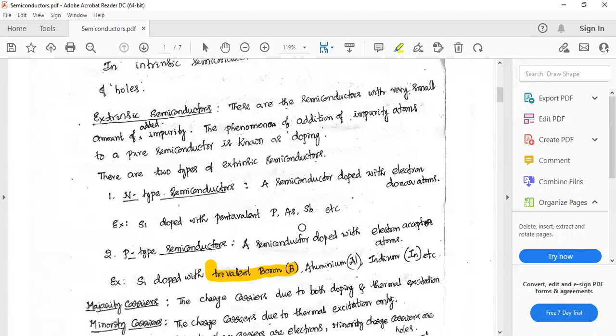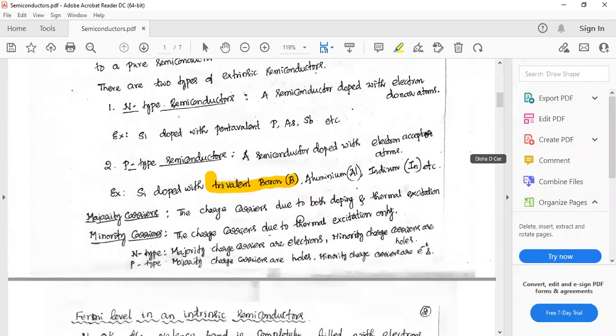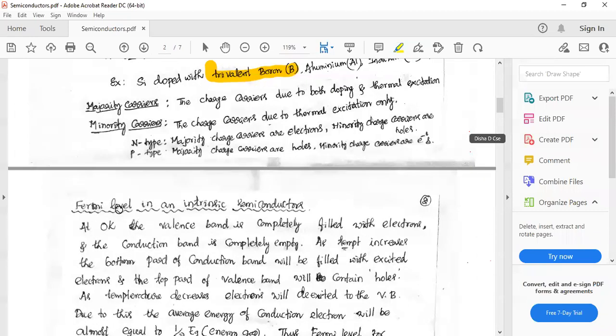Therefore, holes are the majority carriers and the semiconductor becomes P-type semiconductor. These are things already discussed in the class. I have given the definitions for majority carrier and minority carrier, and these are only for your understanding. I don't think any question will be asked on extrinsic semiconductors in the examination.